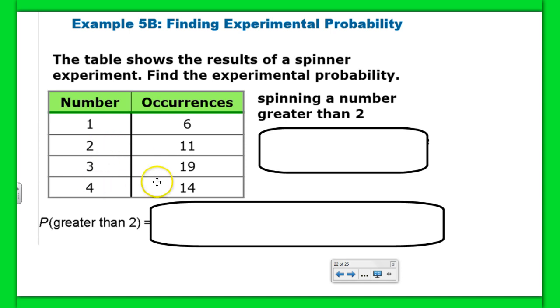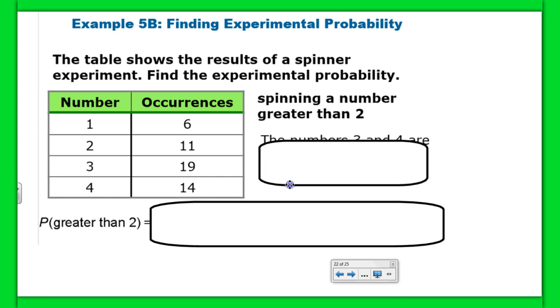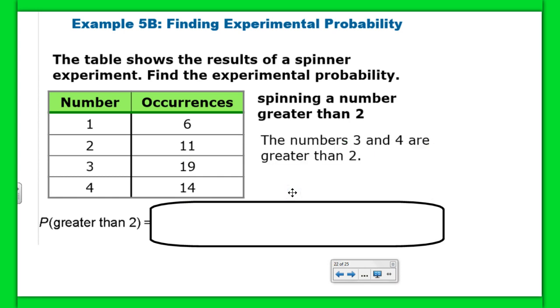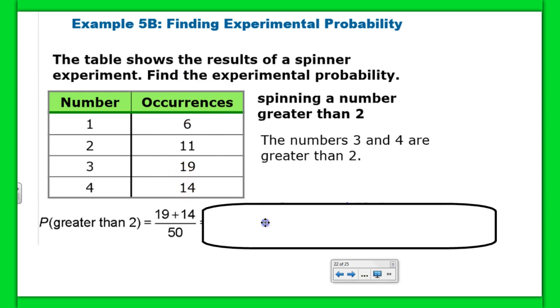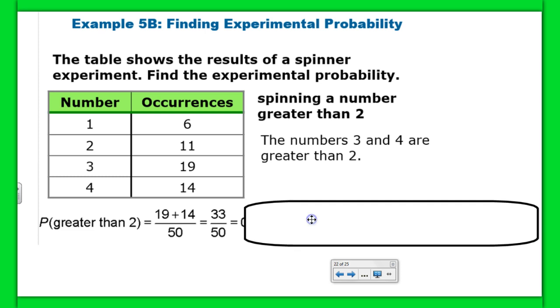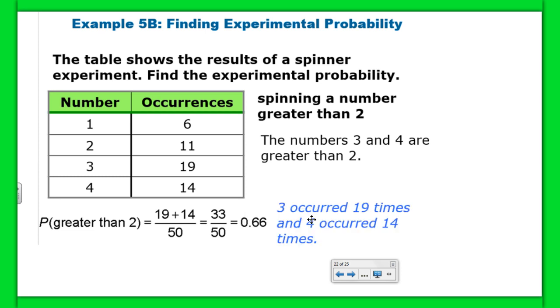So we see that these numbers are greater than 2, so how many times did we get 3 and 4? It looks like 33 times, right? 33 out of how many total spins were there? We've got to count them all up. So we have 50 total spins. So 33 out of 50 is 66%, right? So it seems like we got these numbers 3 and 4 66% of the time.